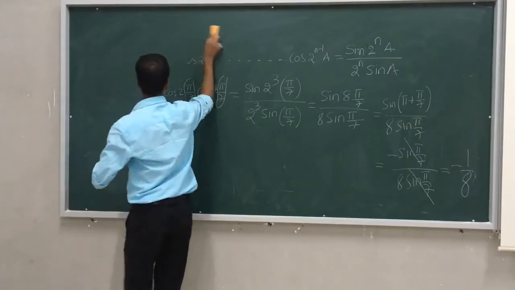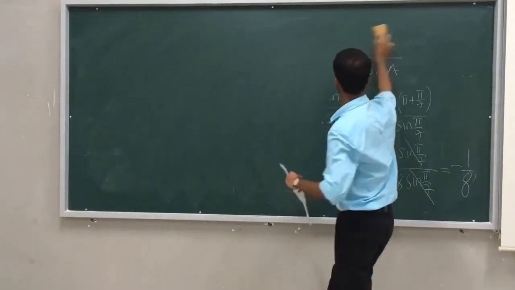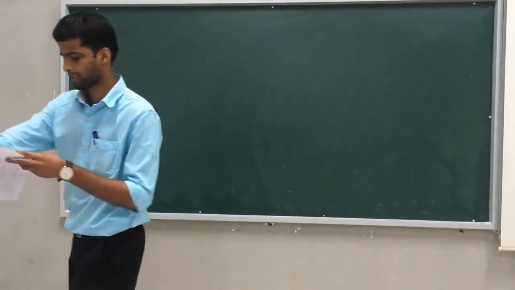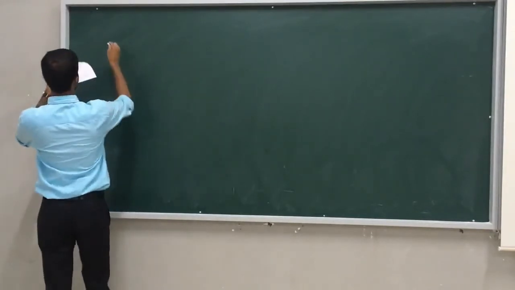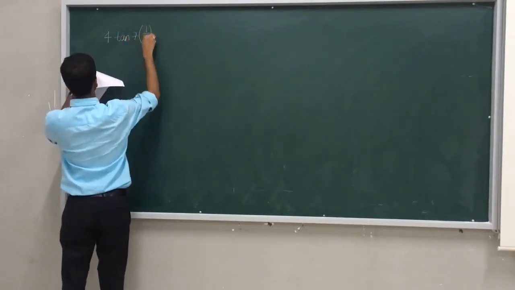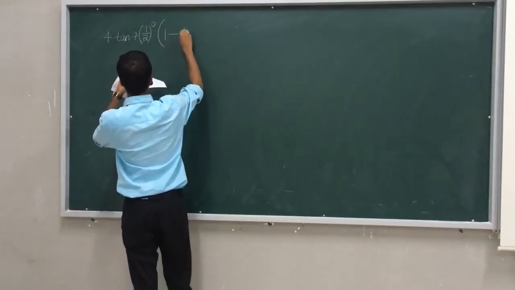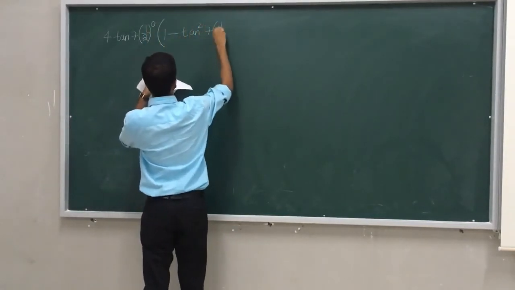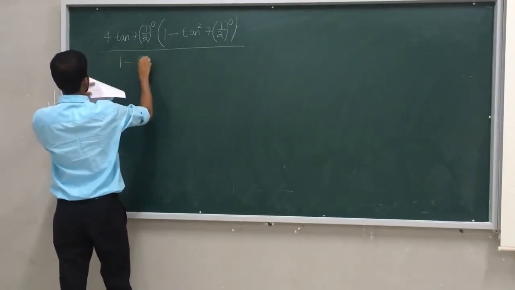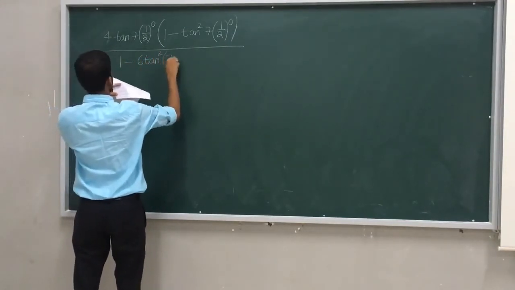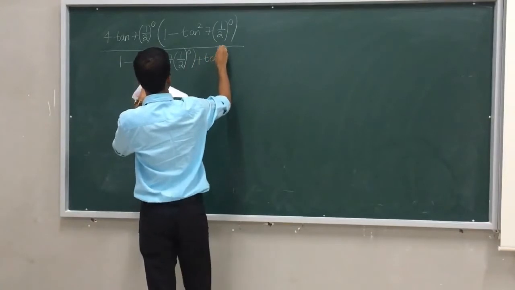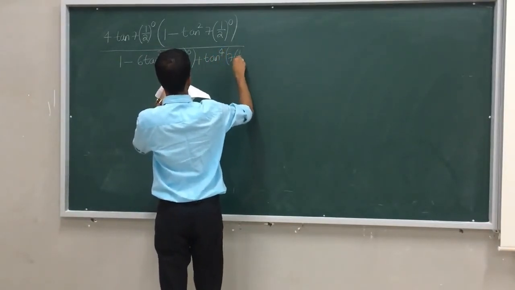Now we'll discuss the next question. Just check about this question: 4 times tan of 7.5 degree times 1 minus tan square of 7.5 degree, upon 1 minus 6 times tan square of 7.5 degree plus tan raised to 4 of 7.5 degree.